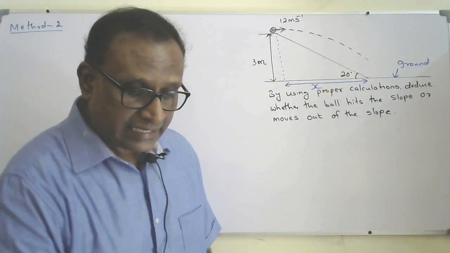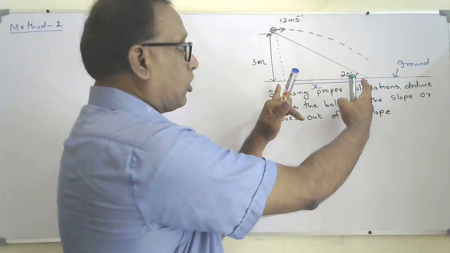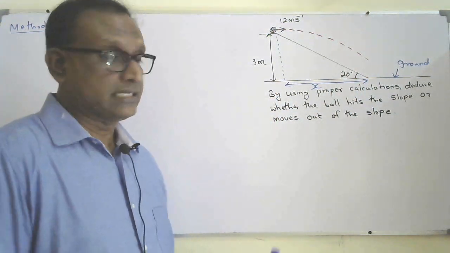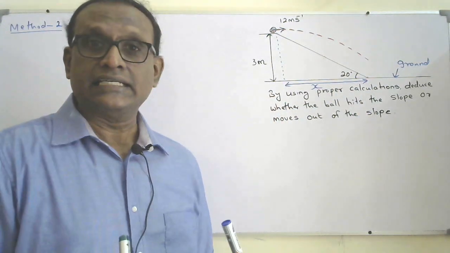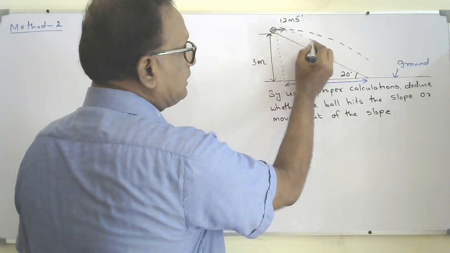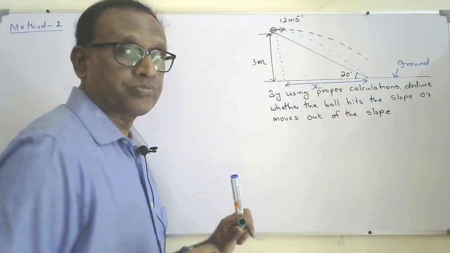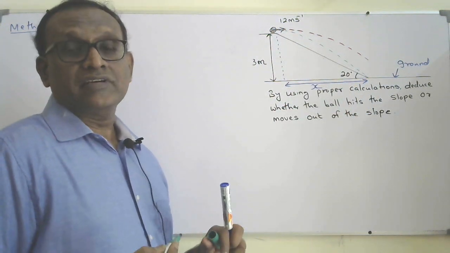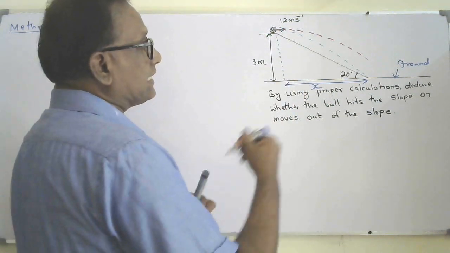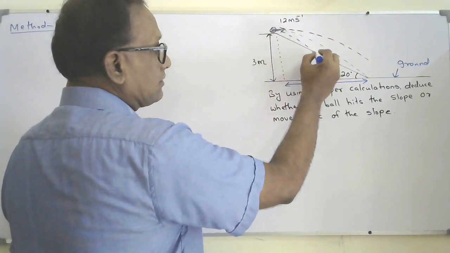If the vertical displacement when the horizontal displacement is 8.24 meters, that is this length, is 3, that means the ball will hit at the edge of it here, right? If the vertical displacement is greater than 3, that means the ball is already hitting somewhere like this.